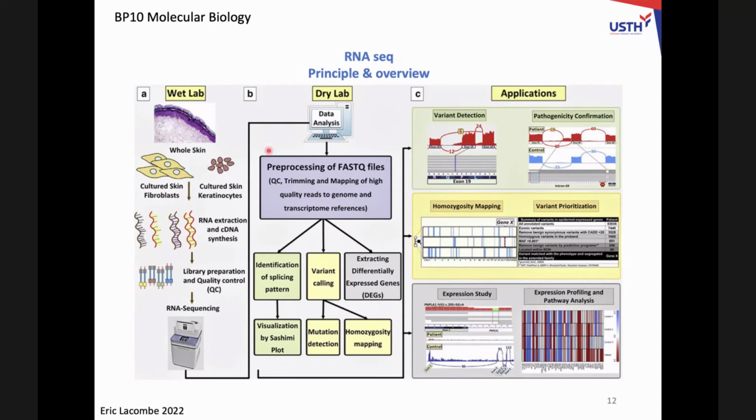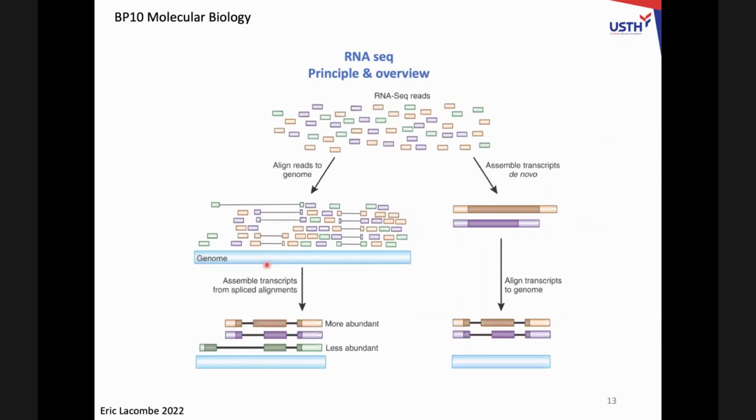But for us, in general, we use RNA-seq to have the full picture of the expression level of all the genes in one genome when we are comparing one situation to another situation. And this implies the sequencing of a lot of pieces of cDNA, the assembly, and the count of occurrences.